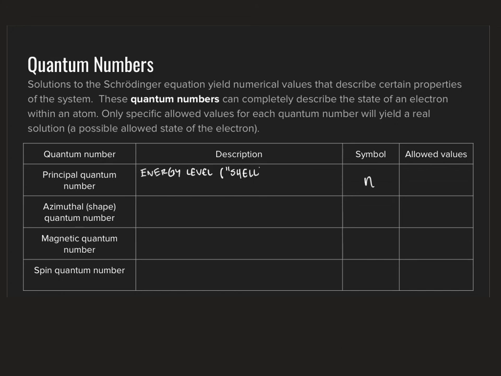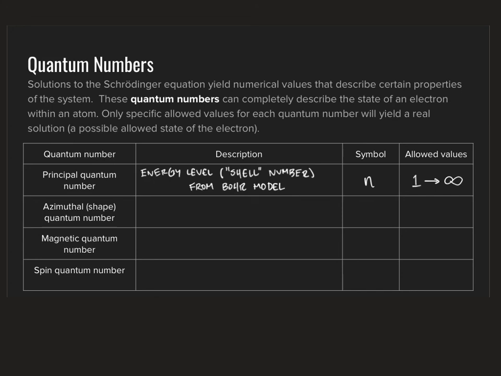And if you think about the shells of a Bohr model atom, those shells start obviously with the one closest to the nucleus being the first shell and then go up, increasing in number. But there's really no upper limit to the number of shells which can exist. Within a Bohr model atom of an element in its lowest potential energy state, for elements that exist in our universe, there's only 7 total shells that are occupied.